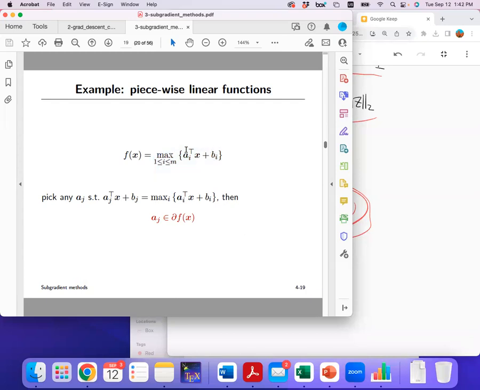For each of them, the subdifferential is simply a_i, because each is differentiable. So we just need to consider those a_j where j is active, those active linear functions, and consider their coefficients, their slopes, a_j.